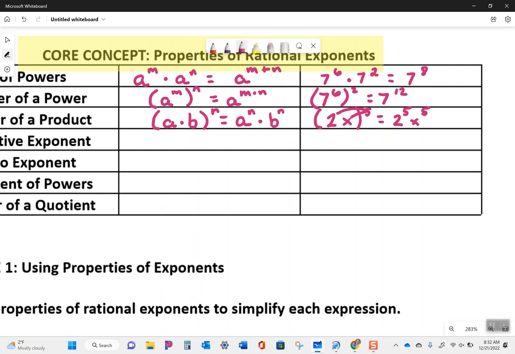Can that part be evaluated? Can I take 2 times itself 5 times to get an evaluation there? What is 2 to the 5th power going to be? Okay. So 2 times itself 5 times would be, did you say 32, Hamed? So this would be 32x to the 5th there. Okay.